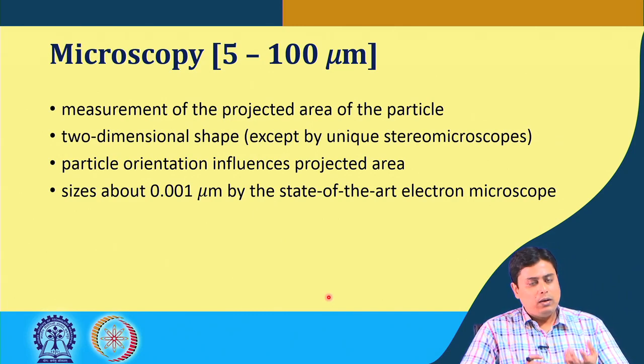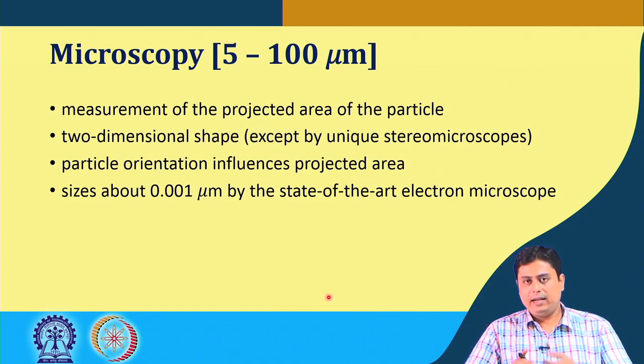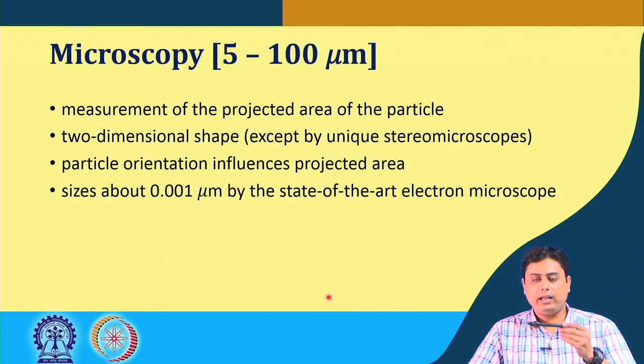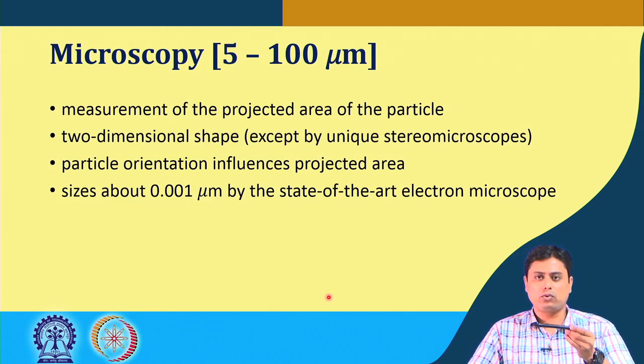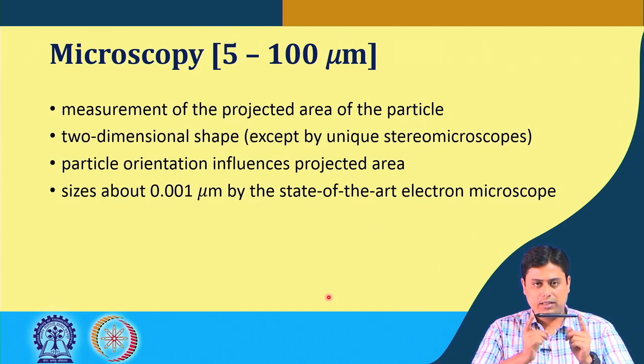So, particle orientation, as I said during sieving also, matters. If you see this type of particle under the microscope, you can determine its longitudinal distance, but if you put it like this, you can see only the top part, which you would see as a circular area.